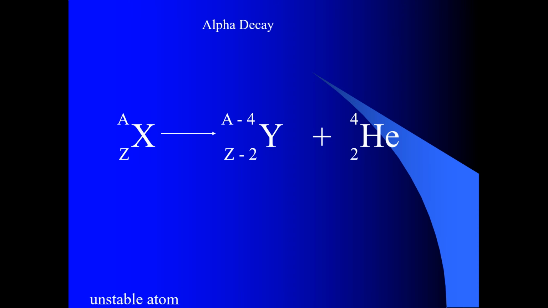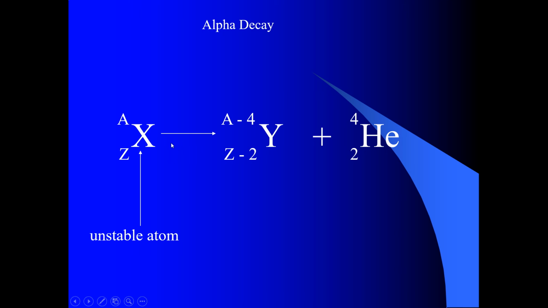Let's give an example. We have an unstable atom that is denoted in these equations by X with the subscript Z and superscript A. You know that Z represents the atomic number, while the superscript A represents the mass number.